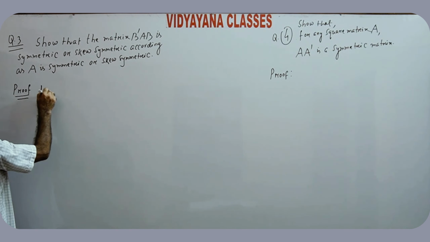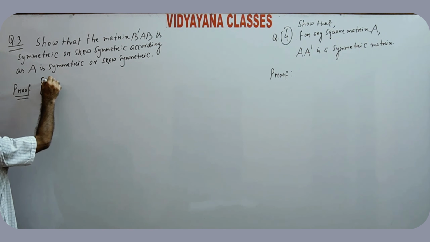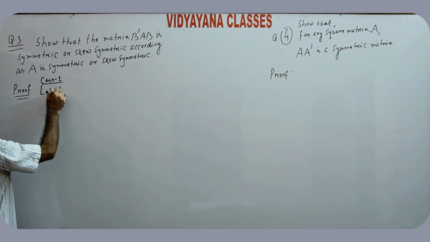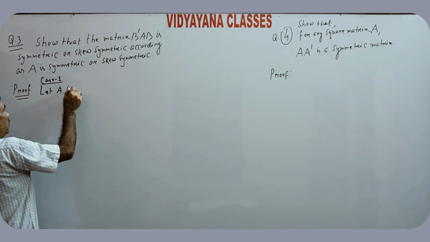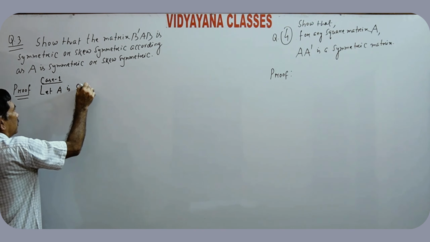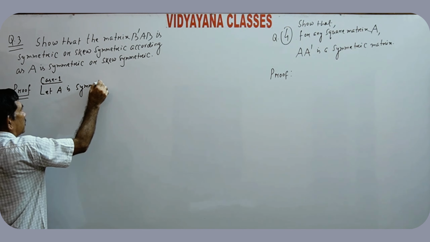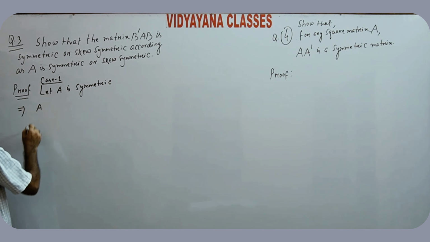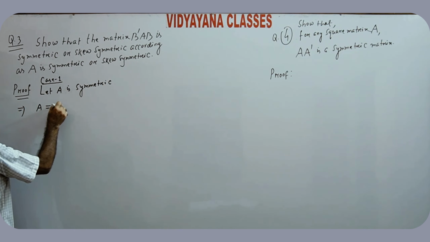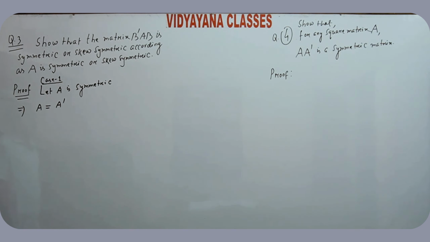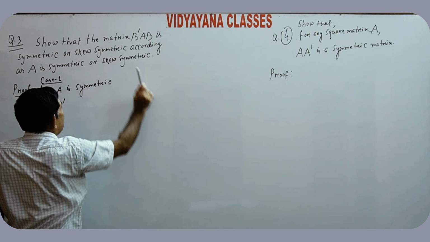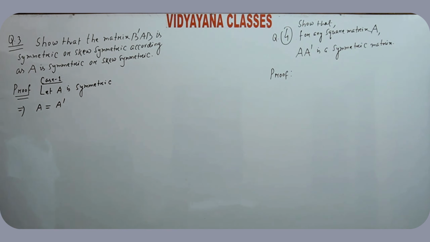Let A be symmetric, which implies A is equal to A transpose. We have to prove B dash A B is symmetric or skew symmetric.